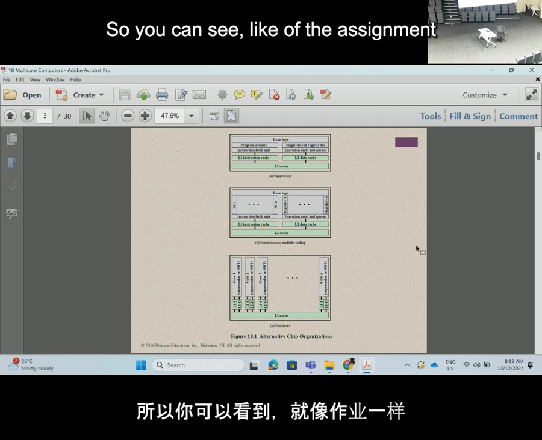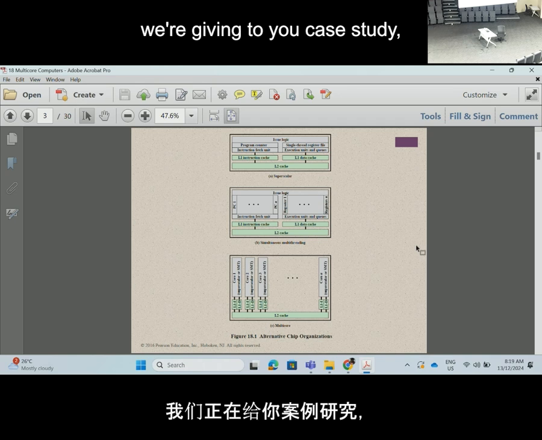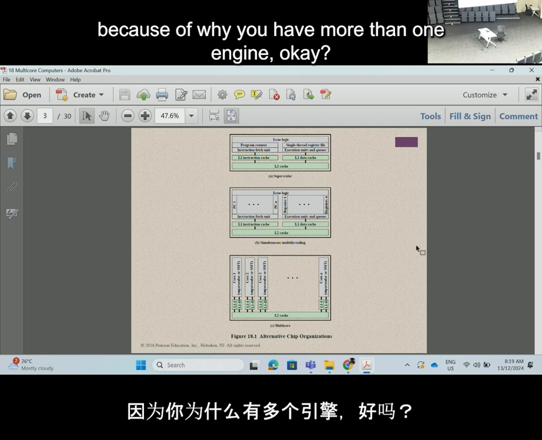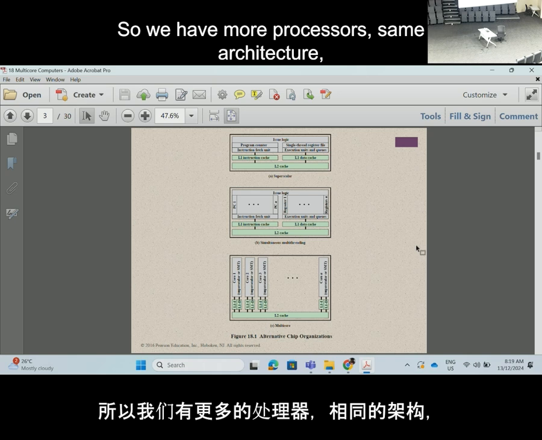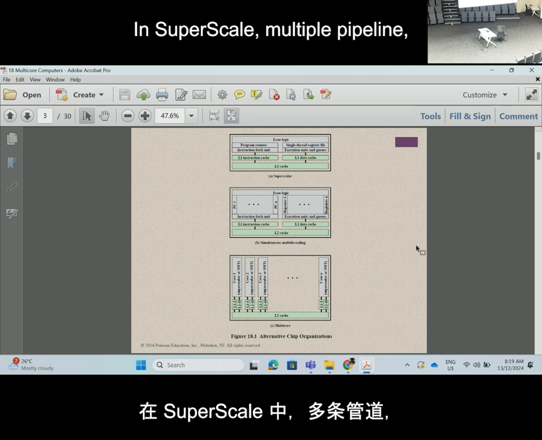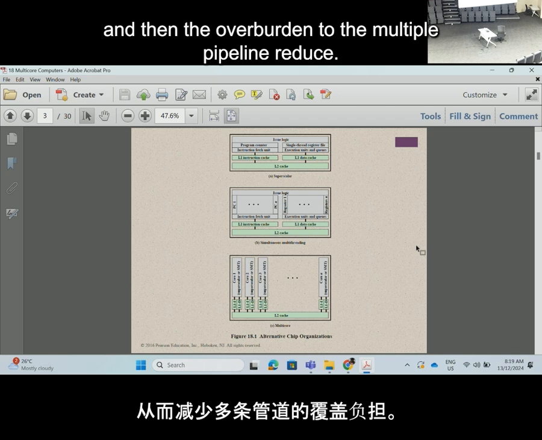So you can see, like the assignment we're giving in your case study, 6 hours of execution can be reduced to 1.5. Why? Because you have more than one engine. So we have more processors, same architecture, but they only add additional components. In superscalar, there are multiple pipelines, and the overburden on the multiple pipelines is reduced.